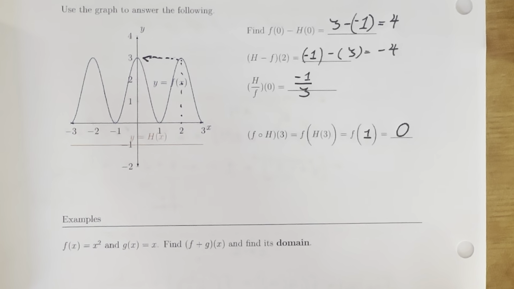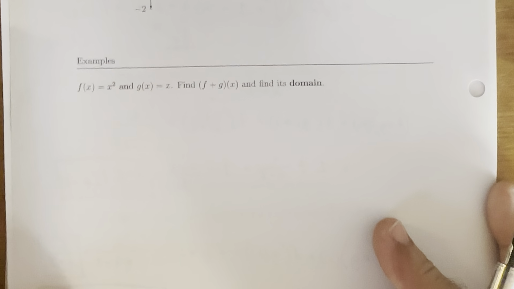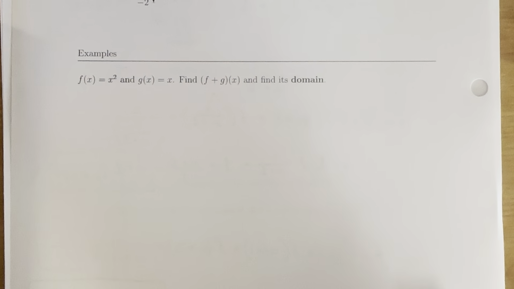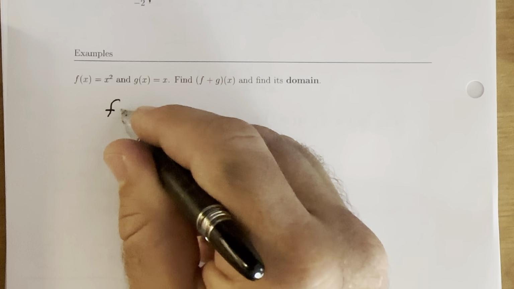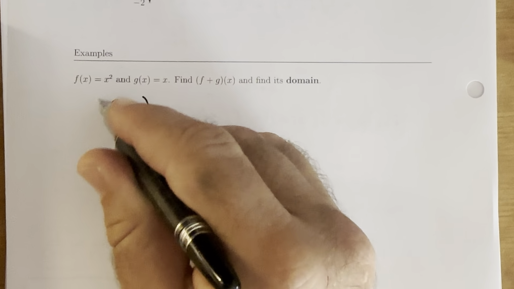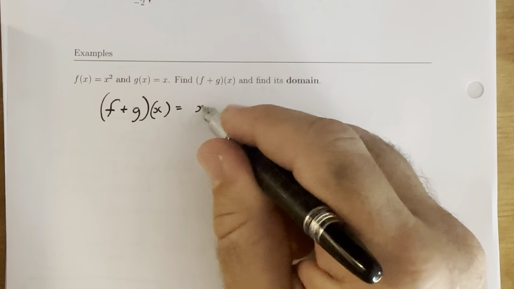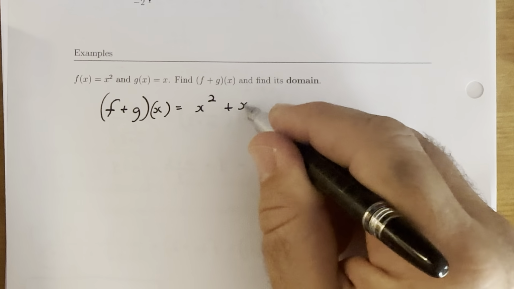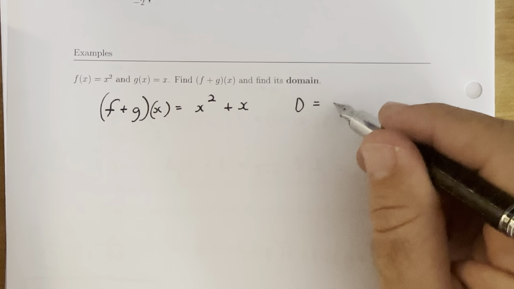Okay, so let's do some more examples where we use everything we've learned so far. We got x squared and x, and we want to find f plus g and its domain. So f plus g of x is simply x squared plus x, and the domain is all real numbers, right?